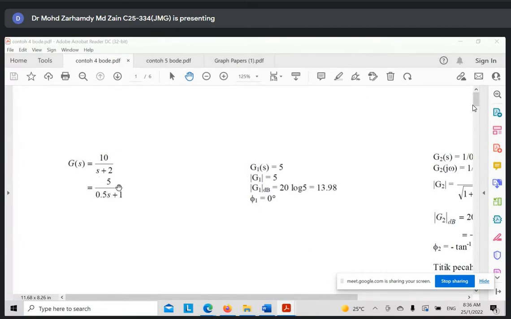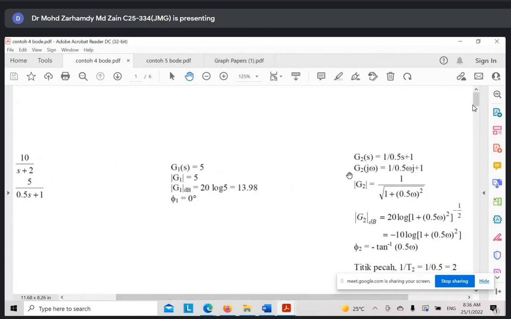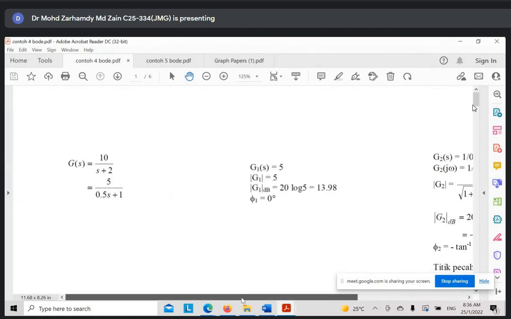So this represents a first order system. If we can see here, we have 2 subsystems. G1 represents the gain, and another system is represented as 1 over 1 plus TS. So this is our whole system: 5 over 0.5 S plus 1. So from this system, we can divide by 2.